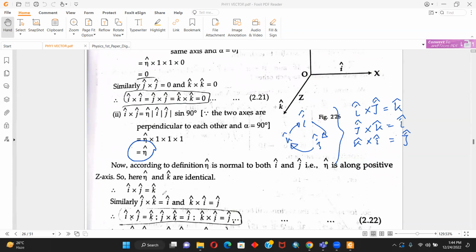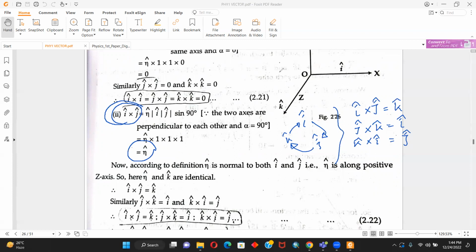Now, eta cap is working in the direction of the z axis, and along the z axis we had k cap. So the cross product of I and j is k. Here it is eta cap, but eta cap equals k cap because it is working along the z axis.